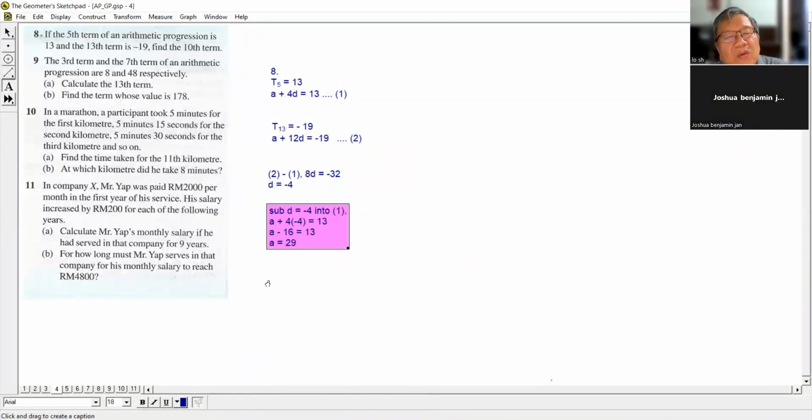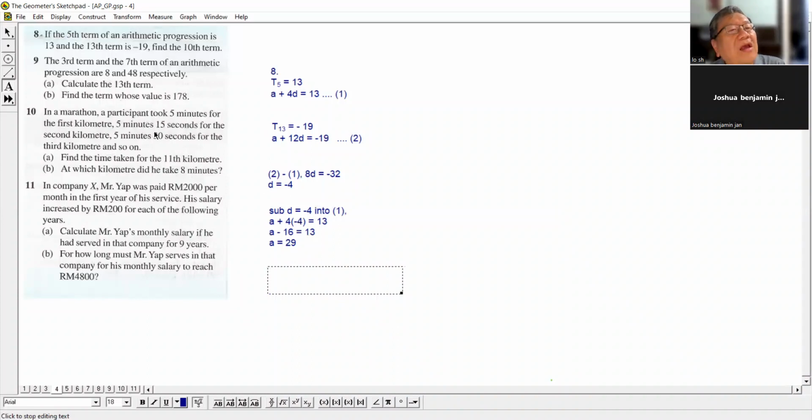So actually, they don't want us to just stop at D and A. They want to find the 10th term. What is the 10th term in symbol? T10, correct. What is the formula for T10?